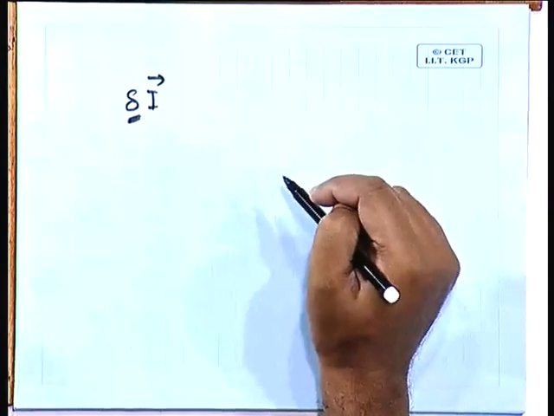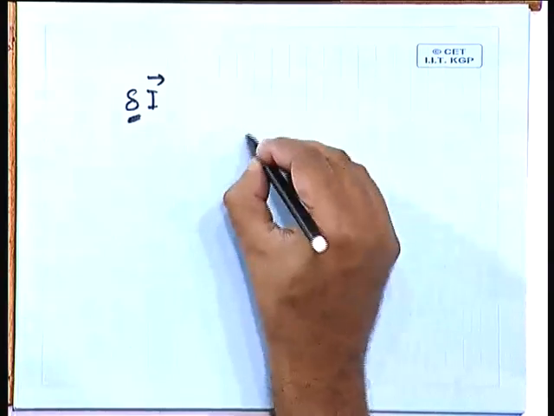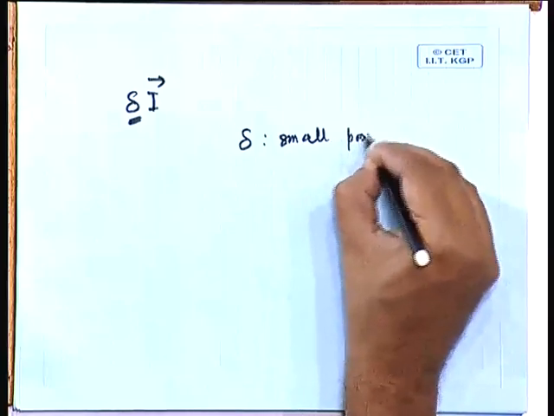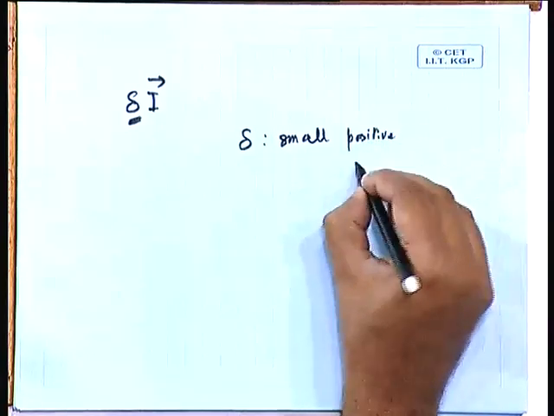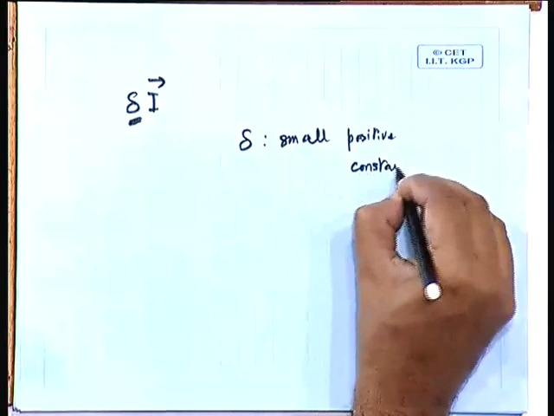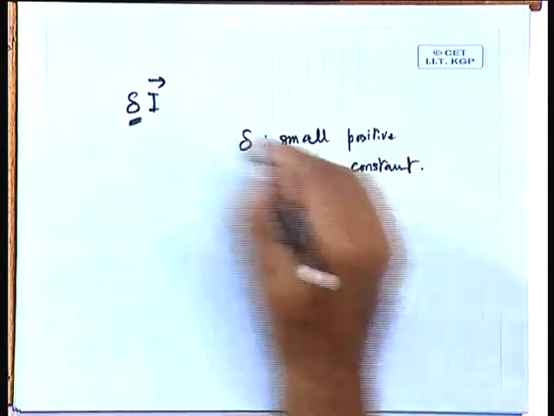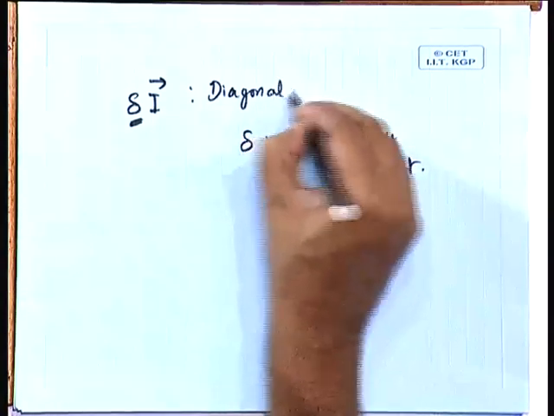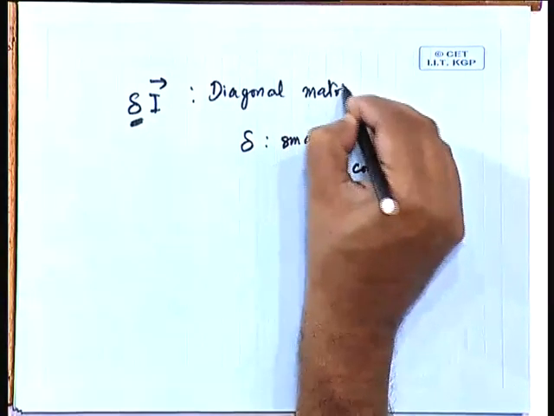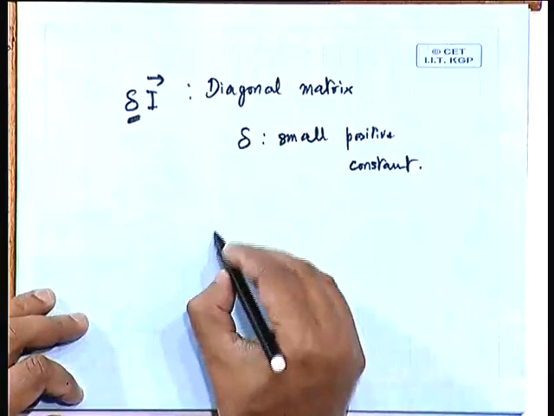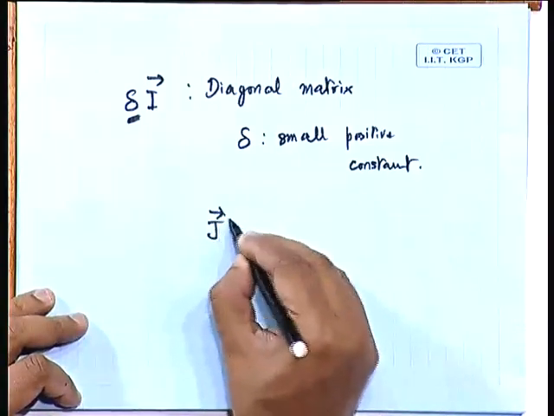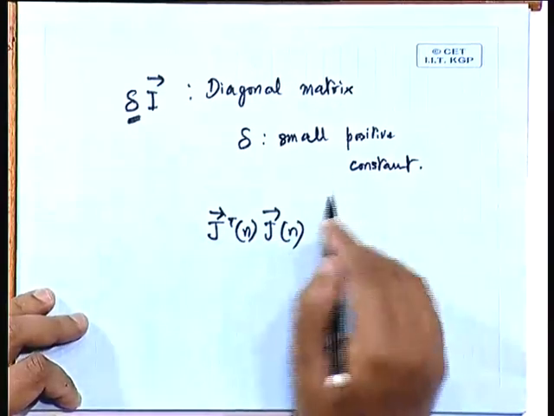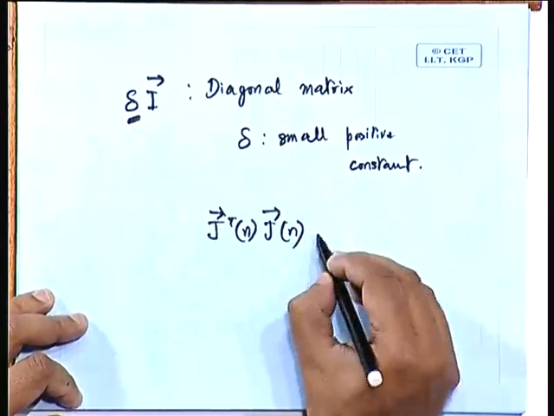We have to choose delta as a small positive constant. So, delta I becomes a diagonal matrix, and in order to correct for the rank deficiency of J transpose n J n, we are adding this diagonal matrix to that.